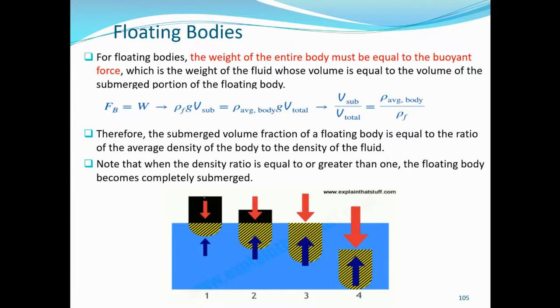By floating, it means the body is assumed to be in static equilibrium. The weight acting is W, and the buoyant force is FB. You can assume this to be a ship that is partially submerged. So this is the submerged area.